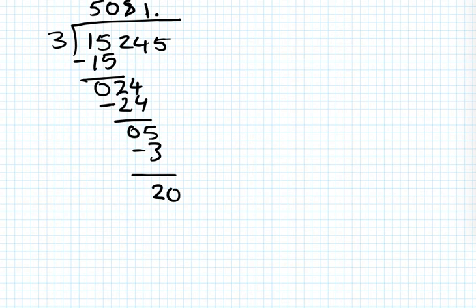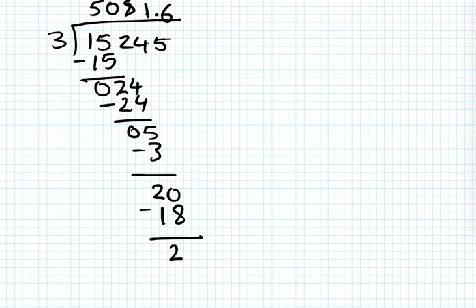So 20 is greater than 3, so we can use it. So we go 1 3 is 3, 2 3 is 6, 3 3 is 9, 4 3 is 12, 5 3 is 15, 6 3 is 18, 7 3 is 21. 21 is too big, so we have to use 6 times 3, which is 18. So 20 subtracted by 18 is 2.